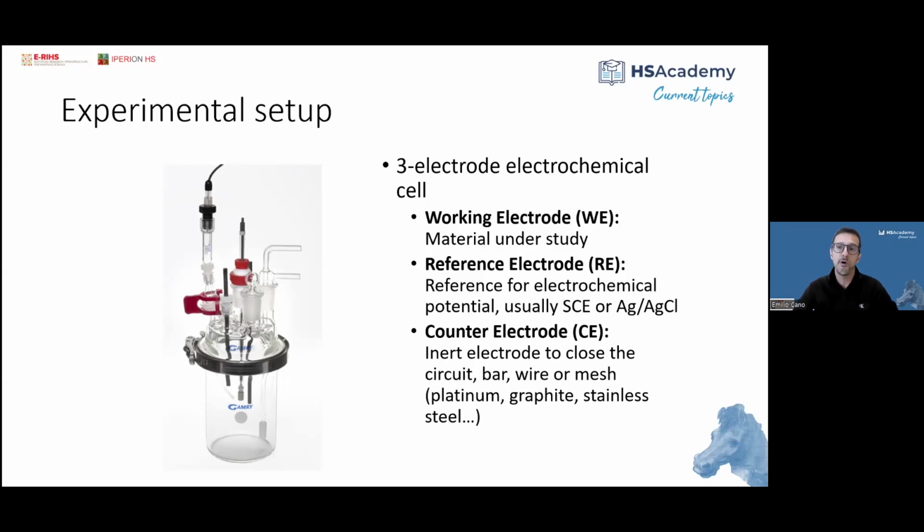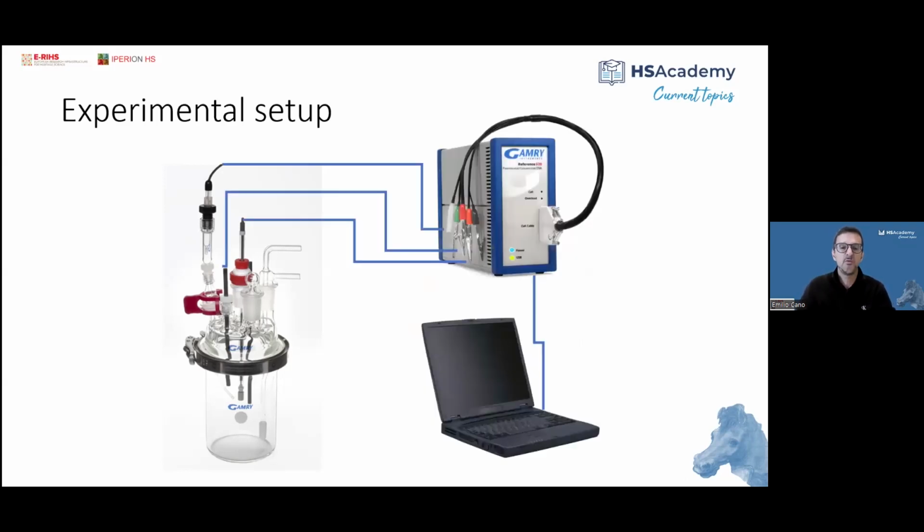It can be a coupon, or it can be, in our case, the real artifact, the object, the sculpture we are measuring. Then we have a reference electrode, which is a reference to measure the electrochemical potential, typically a calomel or silver chloride electrode. And we finally have a counter electrode, which is an inert electrode that is used to apply the current into a closed circuit. All this is connected. This is a typical electrochemical cell.